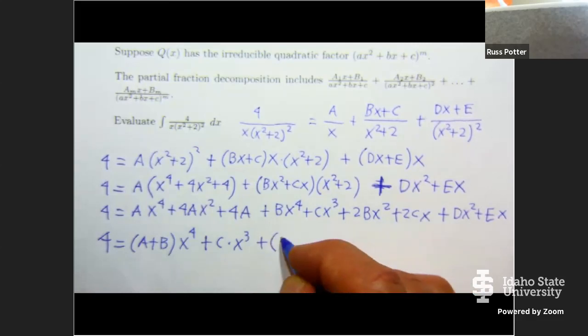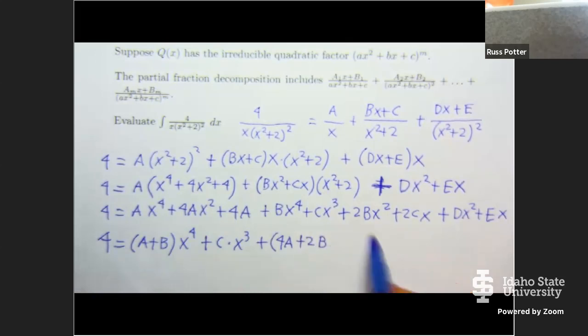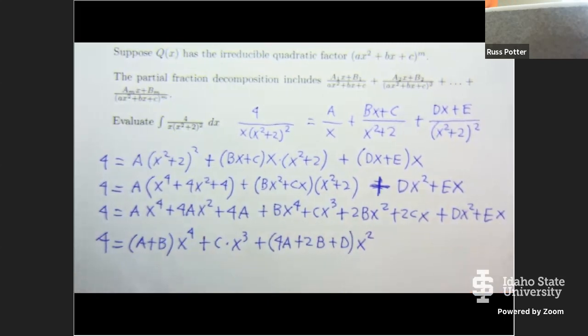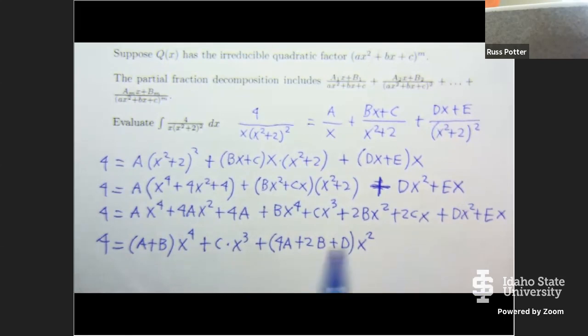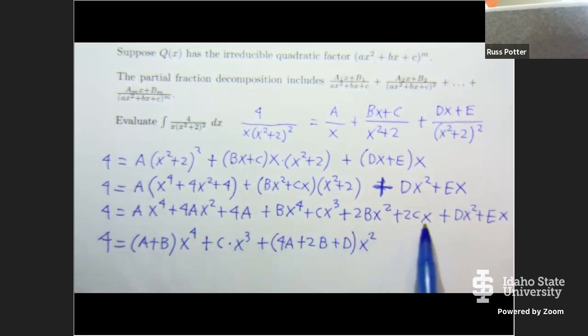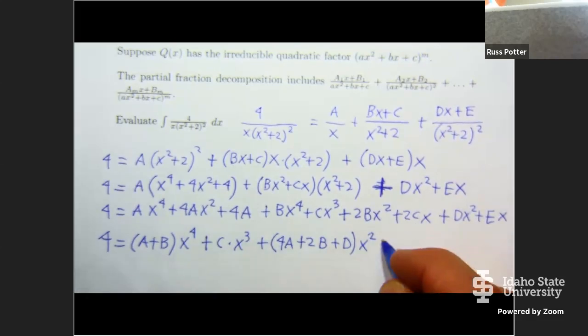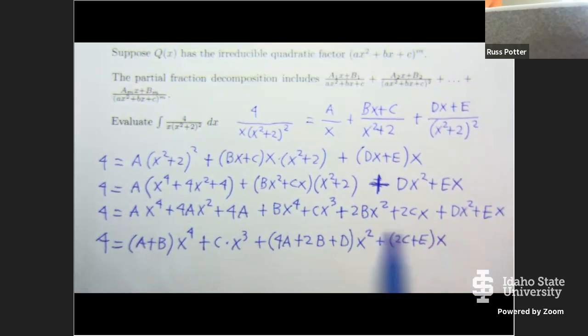So when we group the coefficients, we get 4A plus 2B plus D times x squared. Okay, then the x terms. There's just two terms with x in it, plus 2Cx plus Ex. So we'll write this as plus the quantity 2C plus E times x. And then there's just one constant, plus 4A.